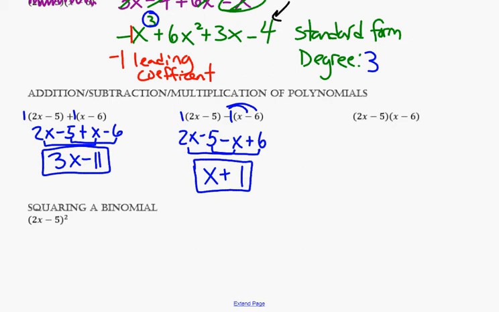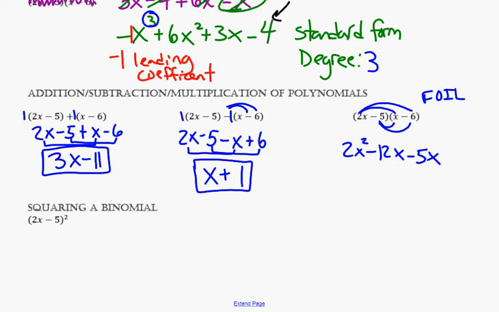When I get to the third one, I'm no longer adding or subtracting. I'm actually going to have to go through and FOIL, or what I'd like to think of as distribution twice. Simply distribute the 2x and distribute the negative 5. So when I go back and do it in order, 2x times x is 2x squared. 2x times negative 6 is negative 12x. There's a negative 5x.